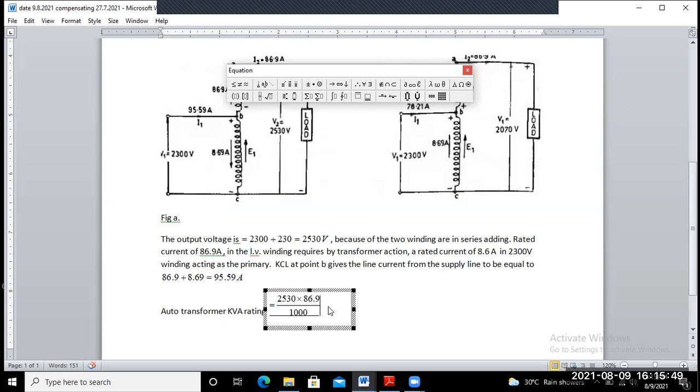Or, if you consider the supply side, that means total voltage, 2300 volt, supply voltage into supply current, that is 95.59.